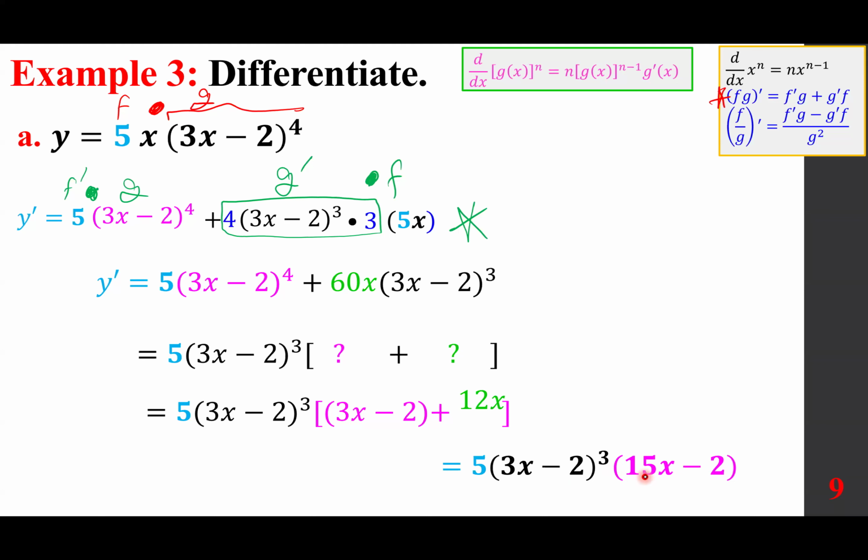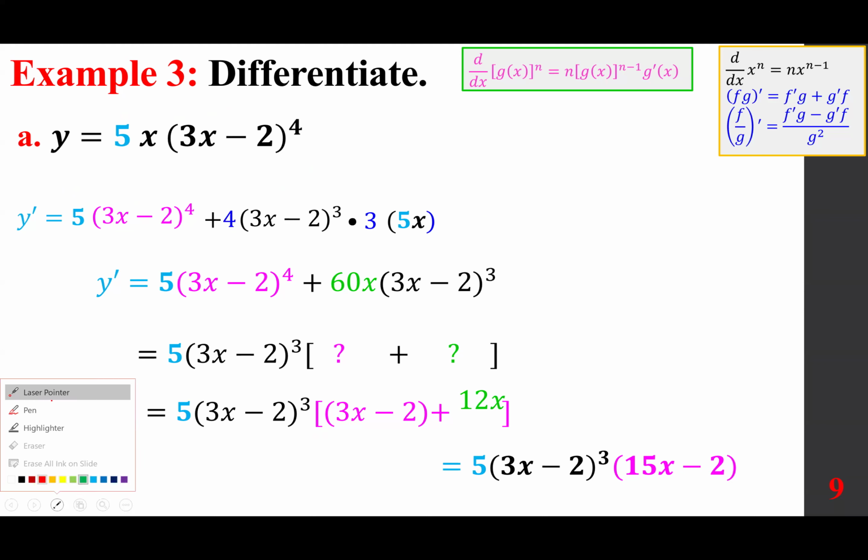Now, what I want to mention is that, as you can see, number 5 is just a coefficient and remains. Therefore, we could have done it this way, putting a bracket around it, and finishing this one, keeping the 5 in front.